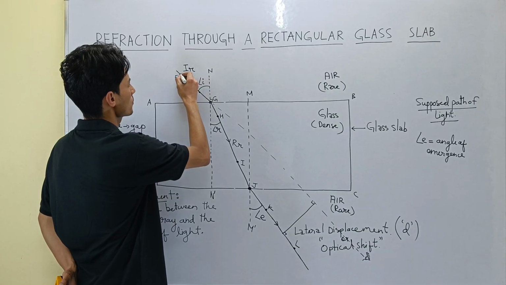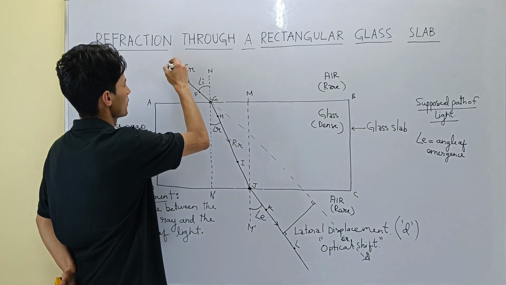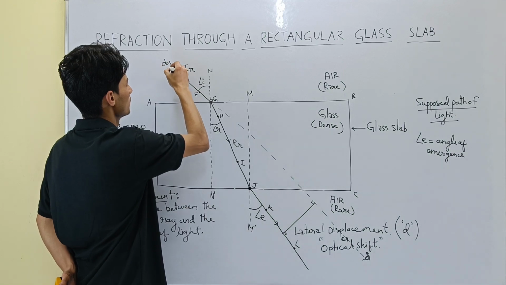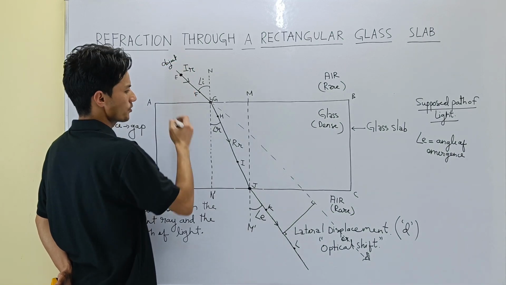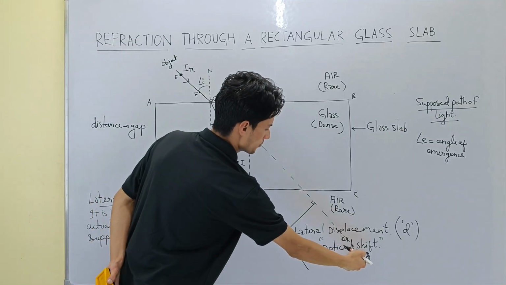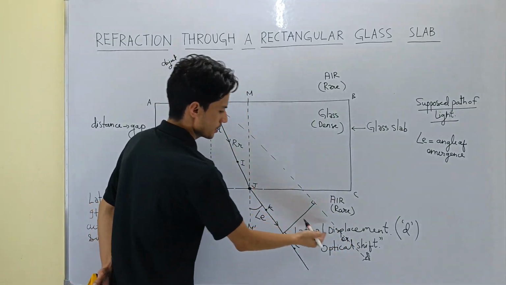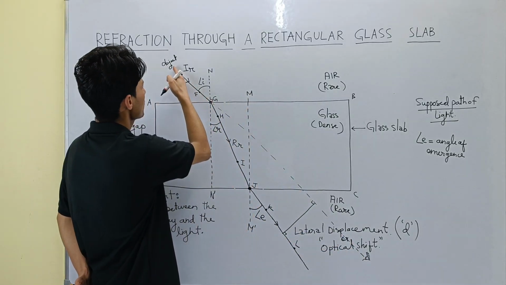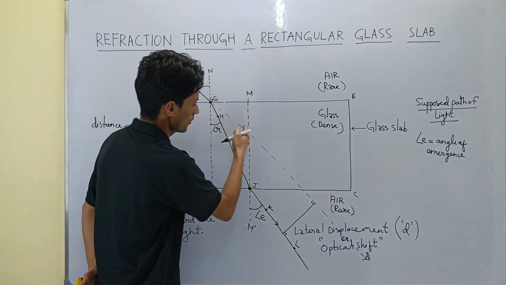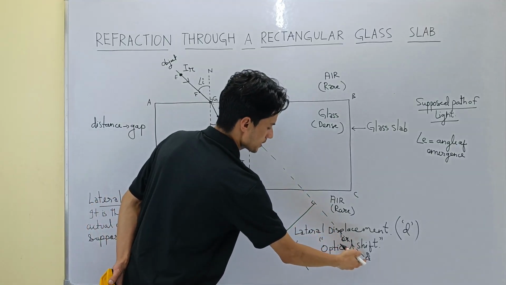Light always comes from an object, so there's an object here. Without a good understanding of refraction, he thinks he will be able to see the object from here, so he keeps his eyes here.